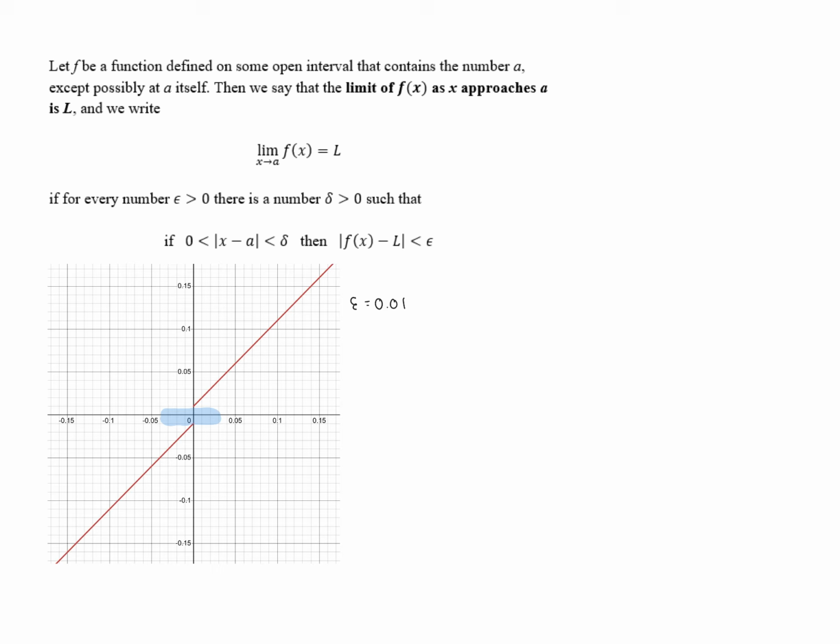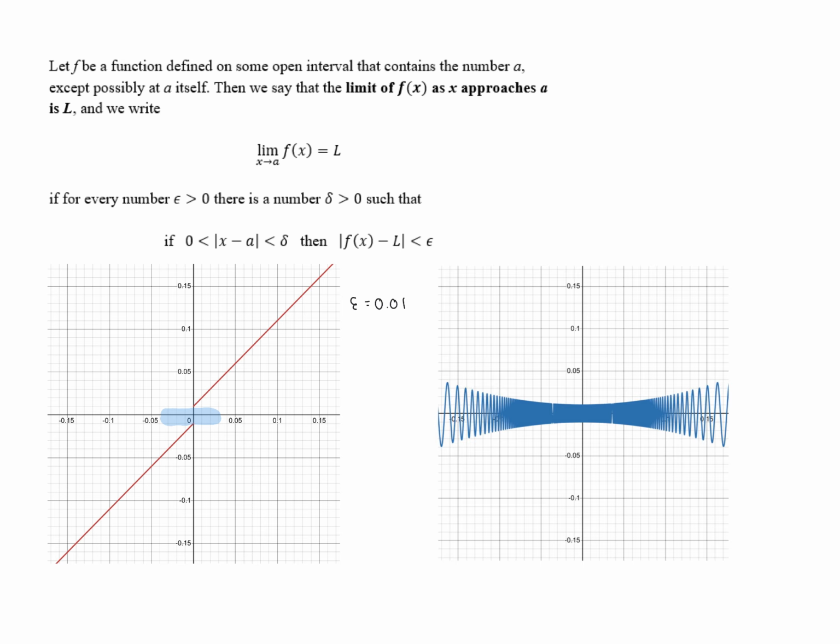But there's a second thing that can go wrong, and that's illustrated in the other graph. And so if we look at this function, remember this one also, when we had zoomed out, it looked like maybe the limit as x approached 0 of this function was 0. Now, this precise definition says that for any epsilon greater than 0, we are staying within that distance of what we thought the limit was.